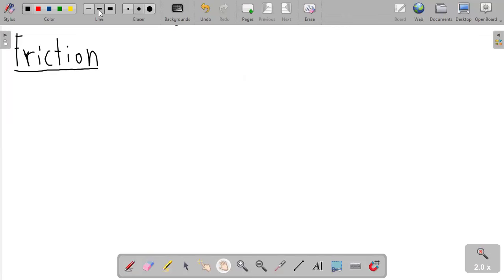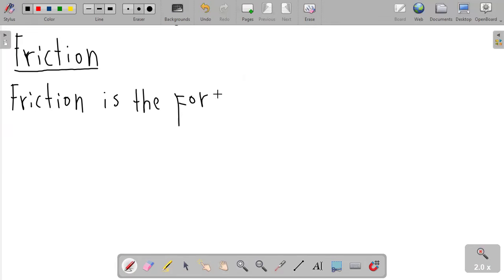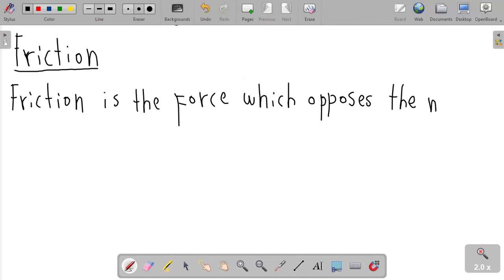Friction is the force which opposes the motion of a moving object.